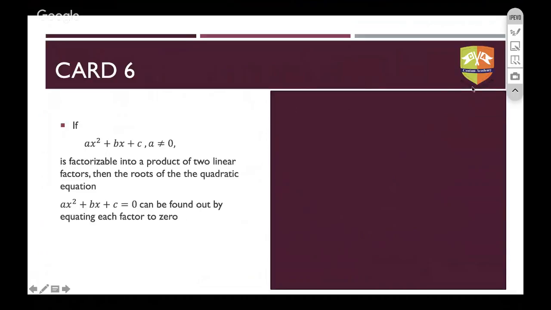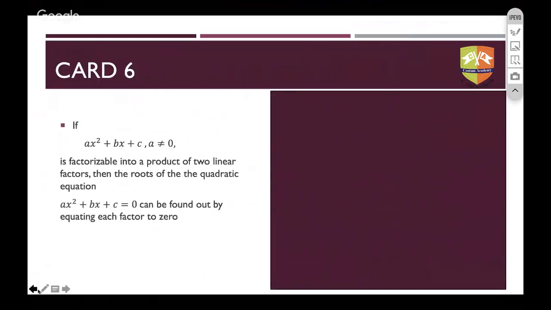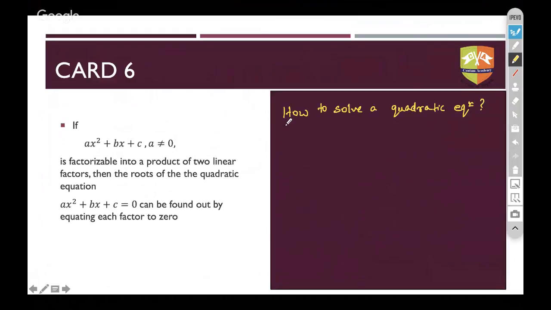So now we are heading towards how to solve a quadratic equation. So method number 1 is the factorization method.